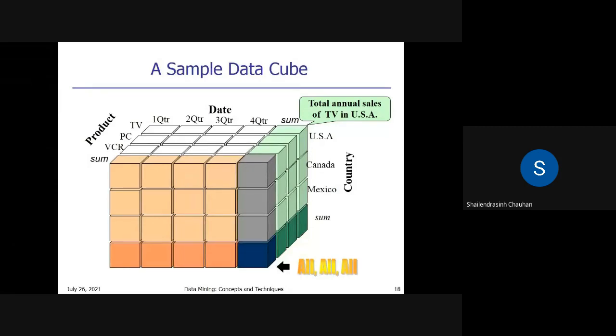Now, just assume that you have a data warehouse, and in the data warehouse you have historical data, that means data from the beginning, and all the data is stored there. Just assume that you are not converting that data into this kind of multidimensional data, and you want some report.